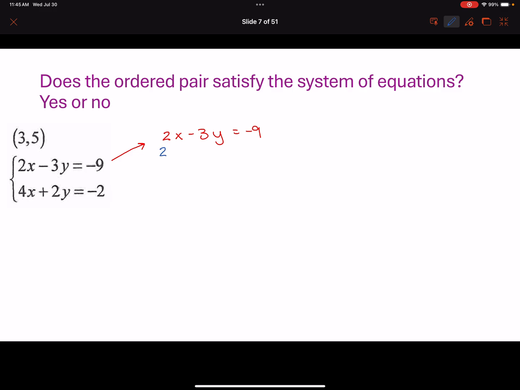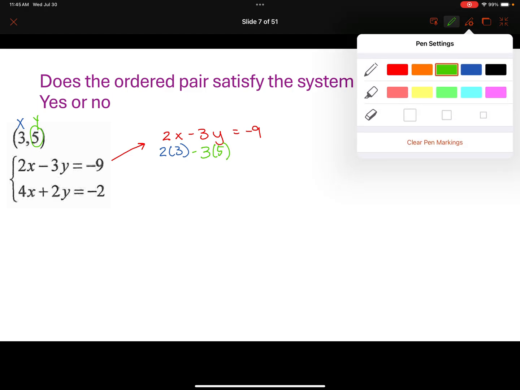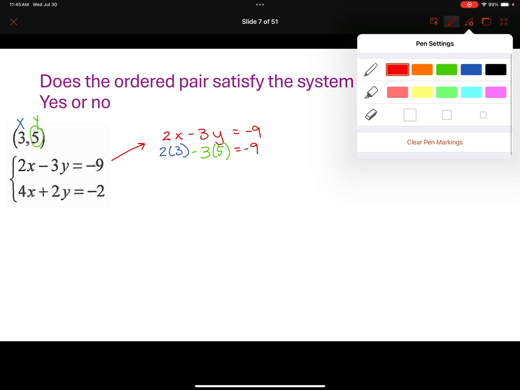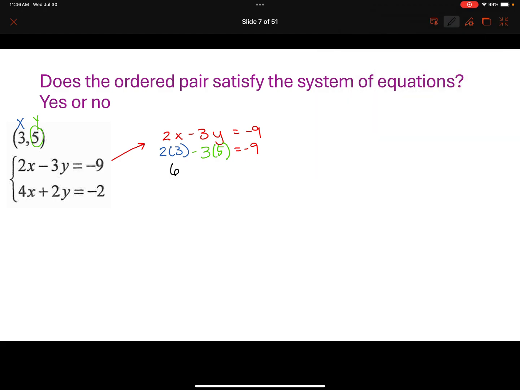So we've got 2 times 3, because that's x, minus 3 times y, which is 5, equals negative 9. 2 times 3 is 6, minus 15 equals negative 9.